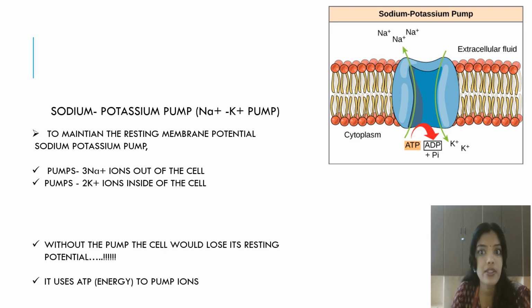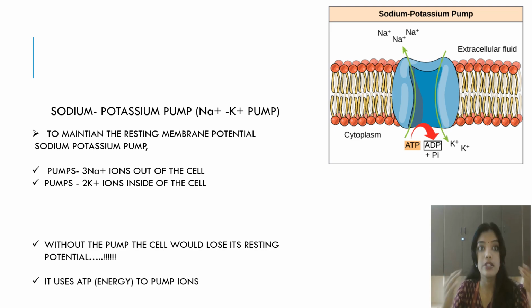Now you may have a doubt: on the inside there are also positive and negative charges, that is the anions and potassium ions, and outside there are also positive and negative ions, chlorine ions and sodium ions. But still the inside is more negative. This is because of the sodium potassium pump, with its 3 to 2 ratio of pumping ions, two potassium inside and three sodium outside, and both the sodium and potassium gates are also closed.